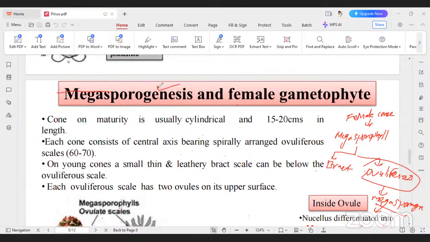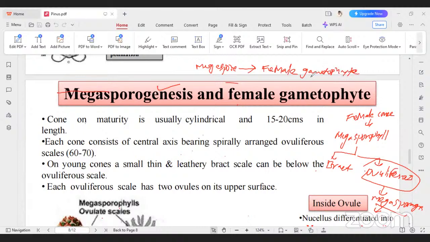After the megaspore formation, the spore further develops into gametophytes. Microspore develops into male gametes, and megaspore into female gametes. Before the formation of the female gamete, a female gametophyte develops.